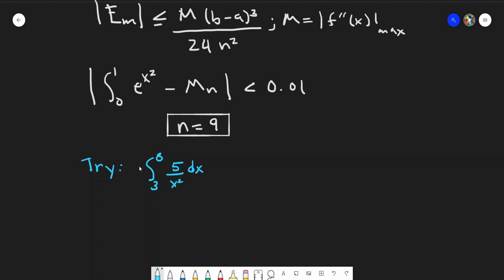Let's say you wanted to find a midpoint sum that is no bigger than 0.01. So try to find the first derivative, second derivative, and then plug in 8 or 3 and look for the maximum, to see what size the midpoint sum would have to be in order for the error to be no bigger than 0.01.